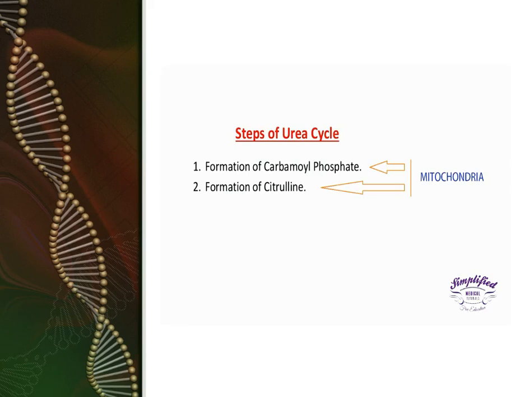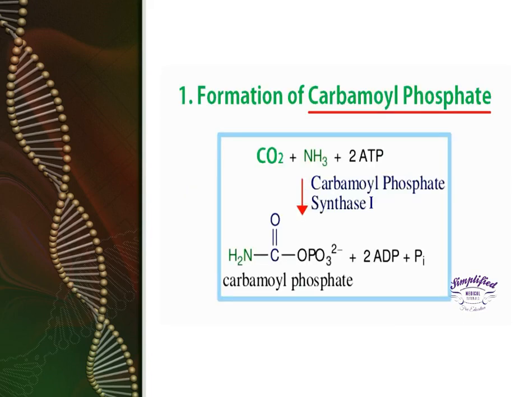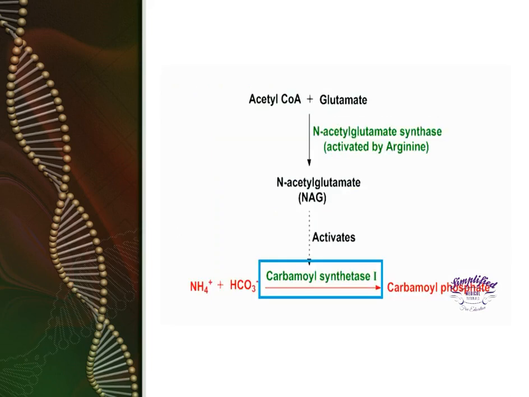Now, let's look at the two steps that occur in the mitochondria. The first step is the formation of carbamoyl phosphate. Carbamoyl phosphate is synthesized from ammonia and carbon dioxide in the presence of the enzyme carbamoyl phosphate synthetase 1.